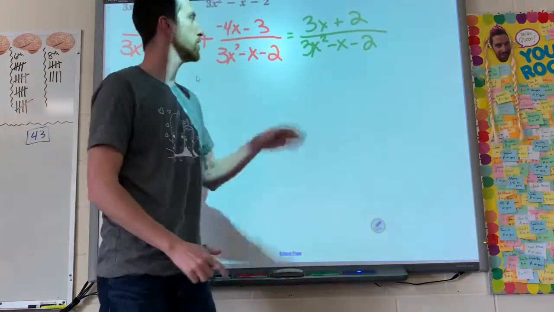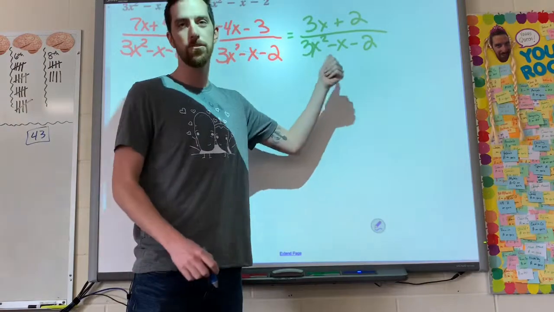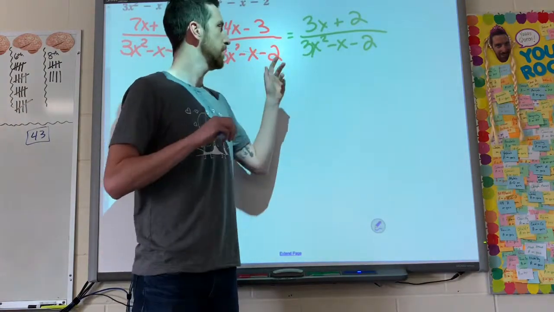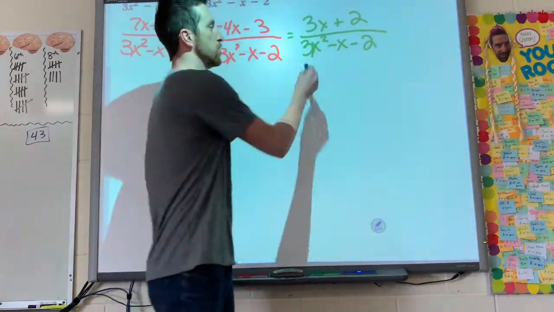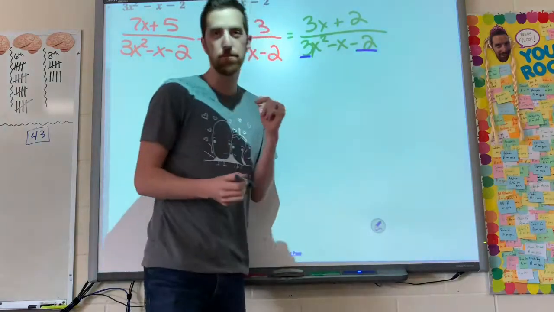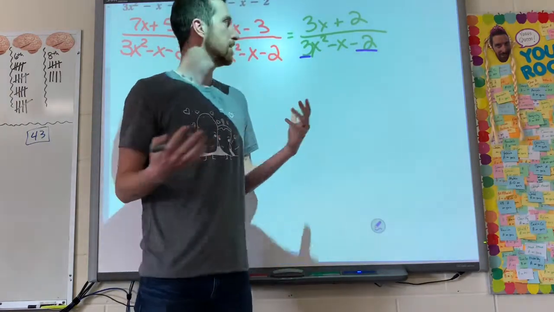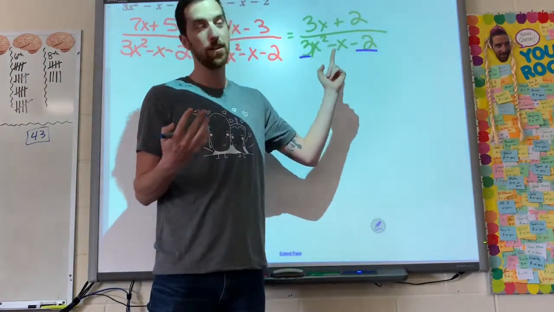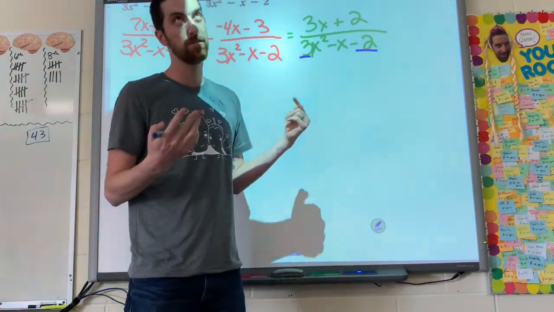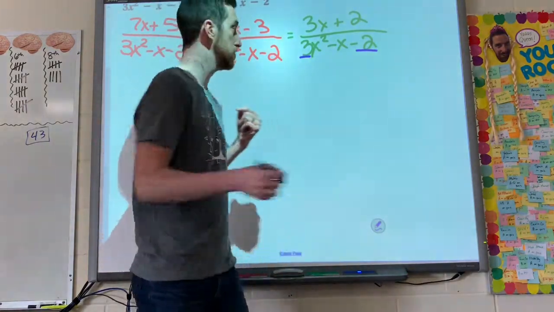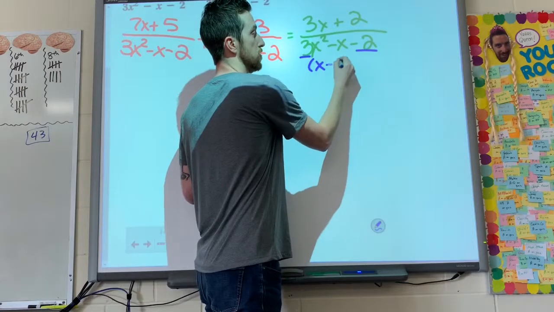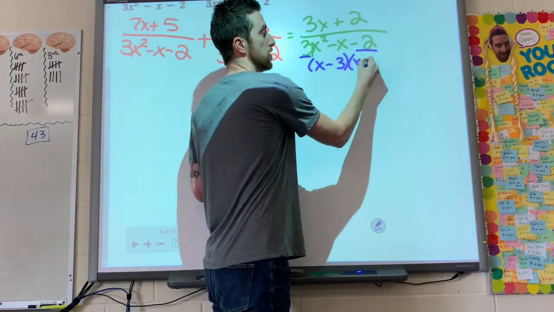So remember, when you have these trinomials and there's a number in the a spot in front of the x squared, we multiply the first and last term. 3 times negative 2 is negative 6. We have to make factors of negative 6 that add up to negative 1. So that could be negative 3 and positive 2. So x minus 3, x plus 2.